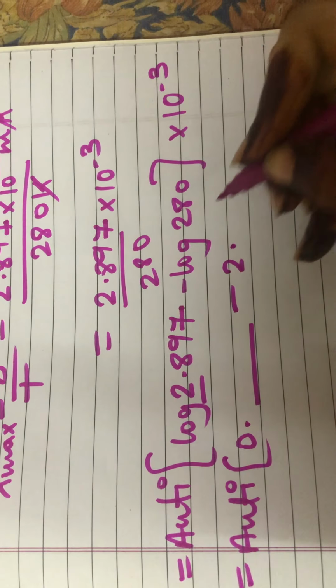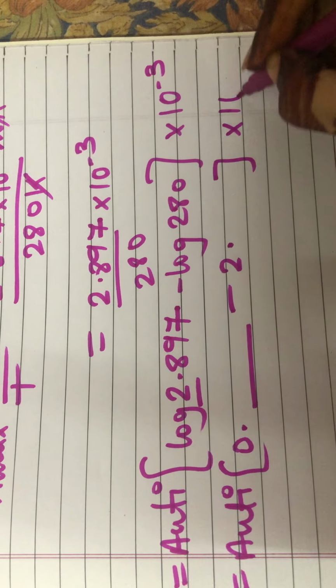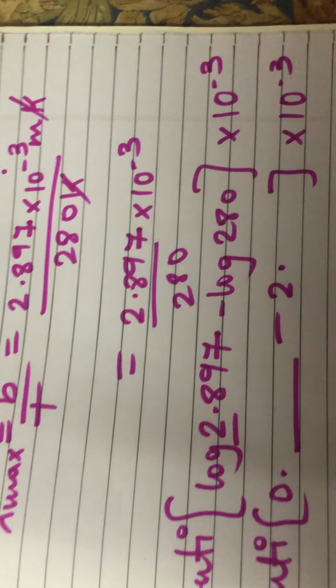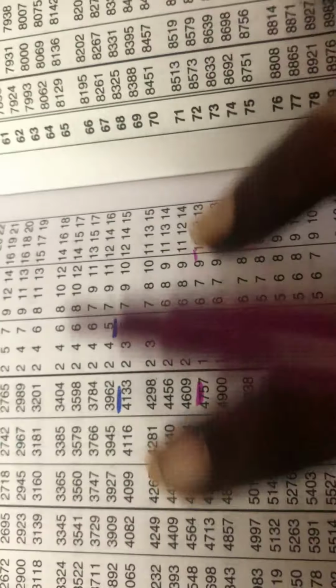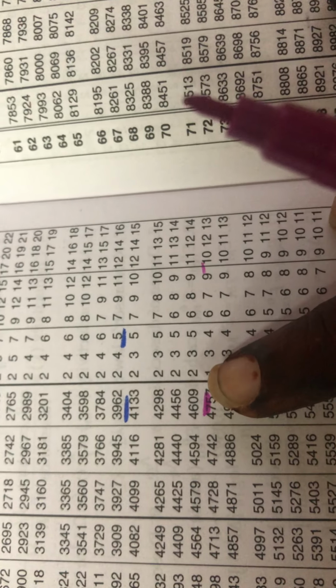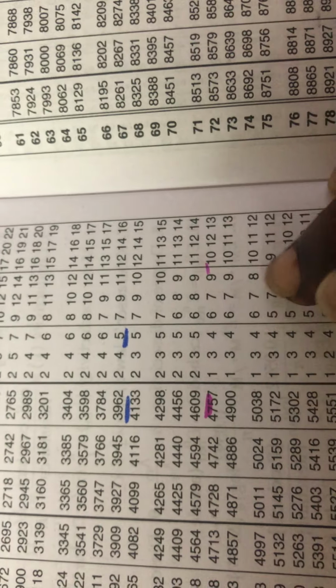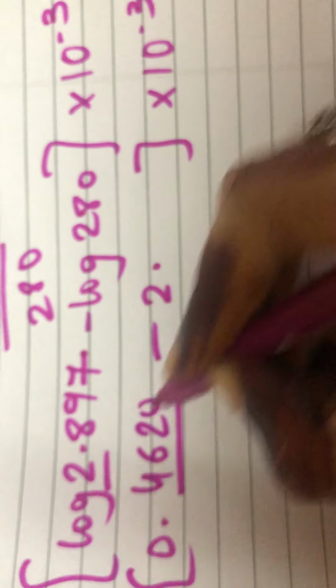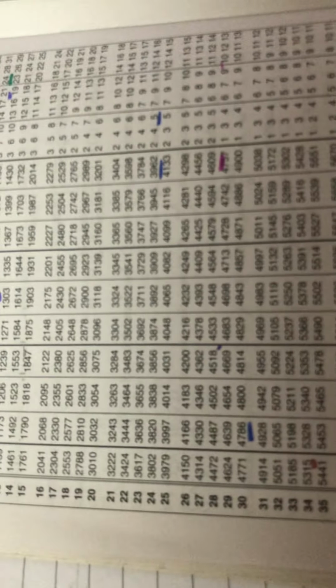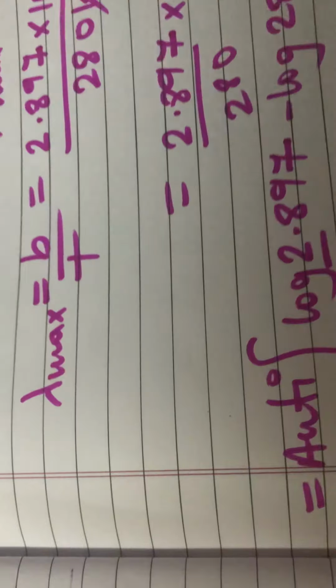Let's see the log of 28 and 9 and 7: that is 4609 plus 11, so 4620. And for 28 and 0, it is 4472.